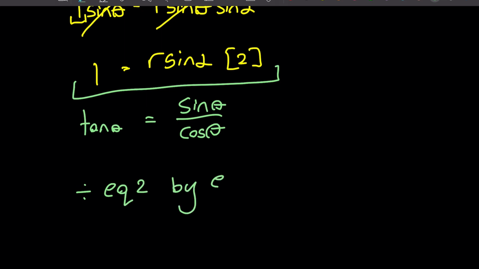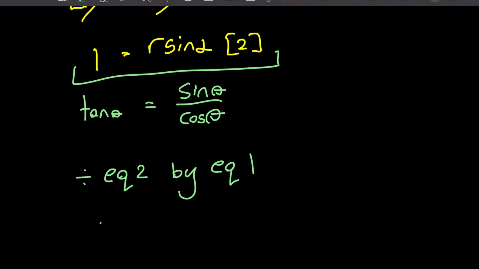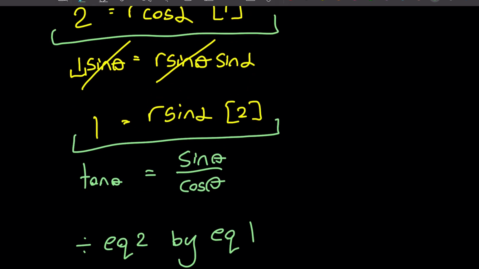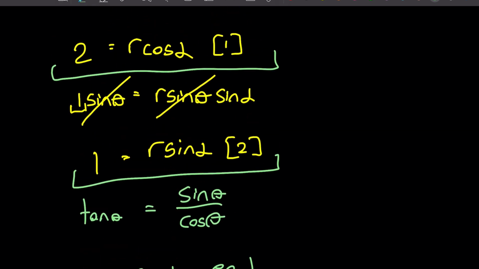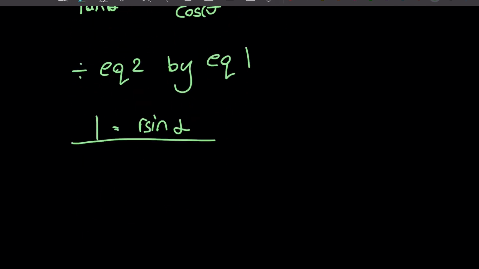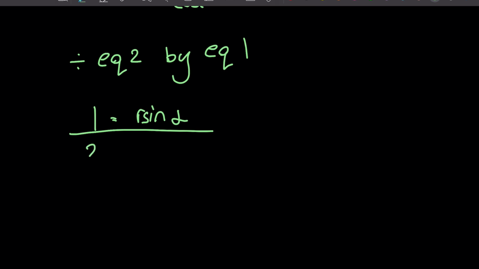Equation 2 is 1 equals r sine alpha, over equation 1, which is 2 equals r cos alpha. If we divide these two things, the r's cancel out, and sine alpha over cos alpha is just going to be equal to tan alpha. And 1 over 2 is just a half.